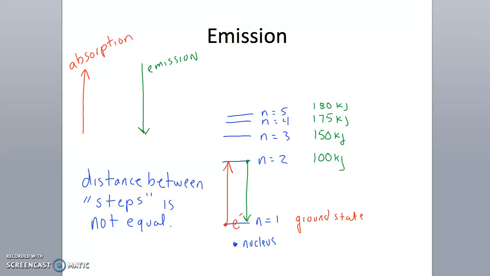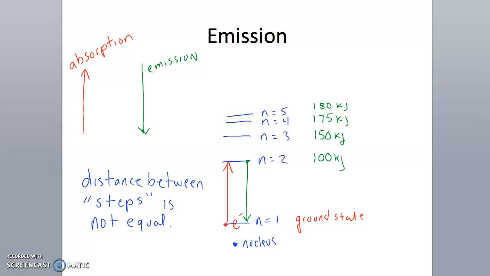I made up some numbers here and some energy levels. If we put 100 kilojoules of energy into this atom, this electron could be excited. It would absorb the energy to n equals 2. It can't go above that with just 100 kilojoules of energy. And if we only added 80 kilojoules, it wouldn't even get excited to the next energy level.